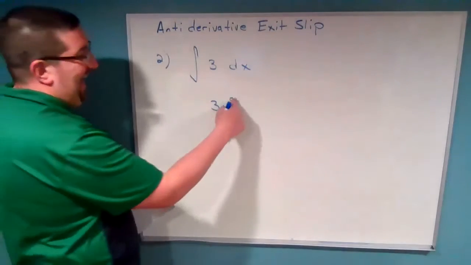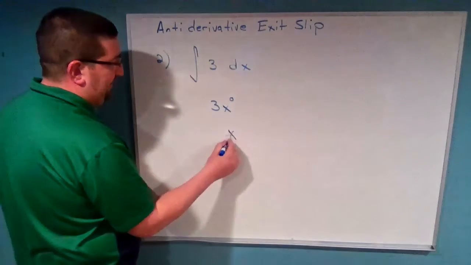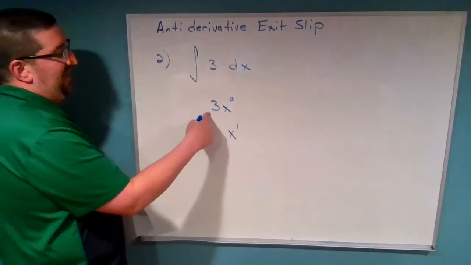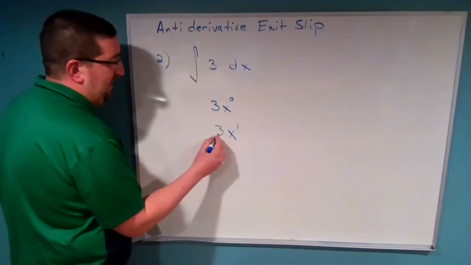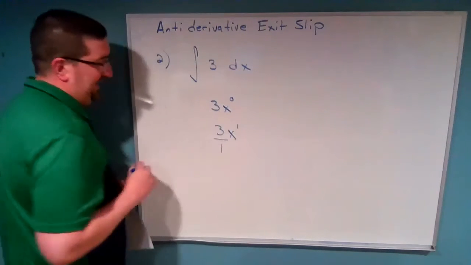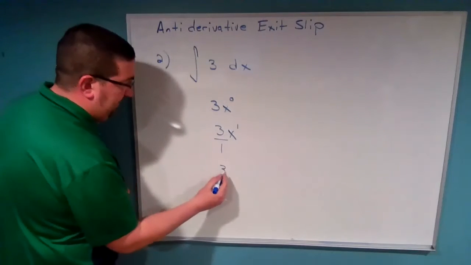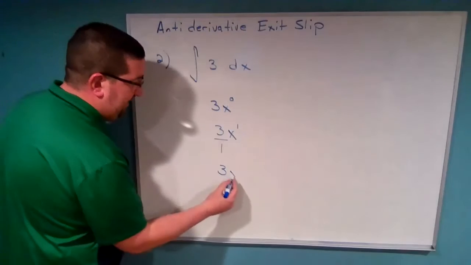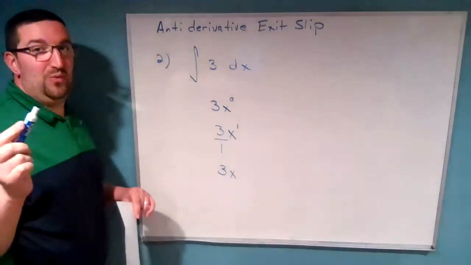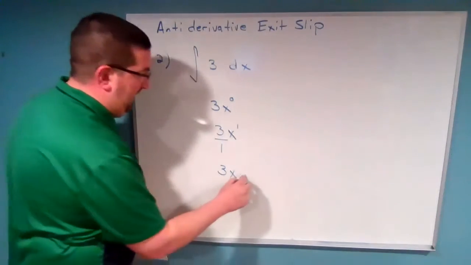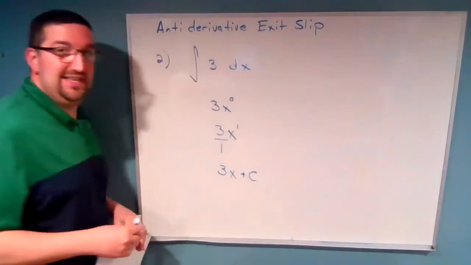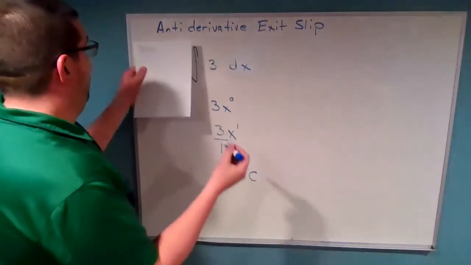So we have to add 1 to the exponent. So that's going to be x to the first, and then divide the coefficient by that new exponent. So 3 over 1 is 3, and x to the first is just x, but we cannot forget what? The plus c.